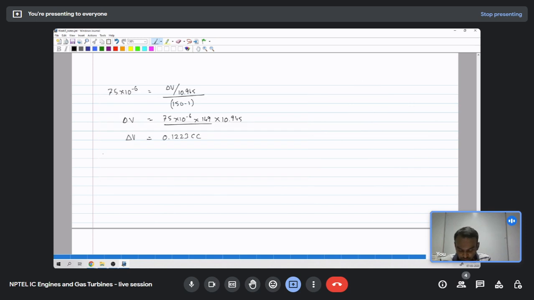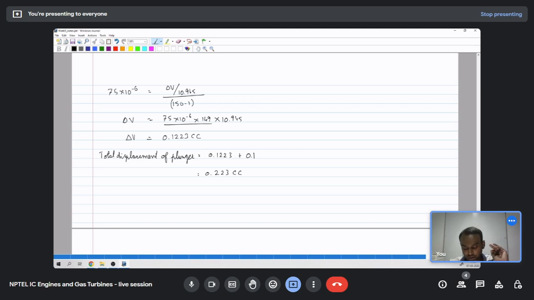So the total displacement of the plunger will be the initial compression displacement to increase the pressure from 1 bar to 150 bar, and then to deliver the fuel at 150 bar, that is 0.1 cc. So in total we will have 0.223 cc of plunger displacement to achieve this delivery of 0.1 cc at 150 bar.